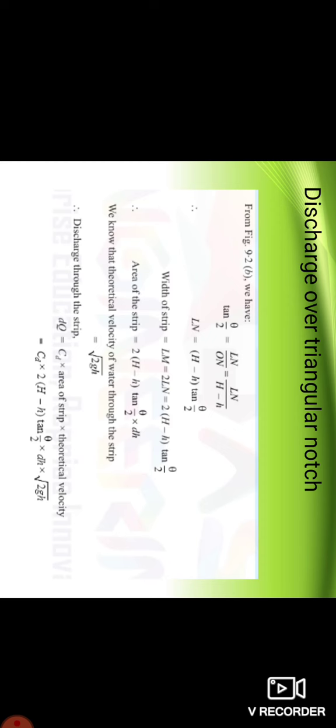And the area of the strip is equal to 2 into H minus h into tan of theta by 2, into the thickness dh. And we know the theoretical velocity is root of 2gh.